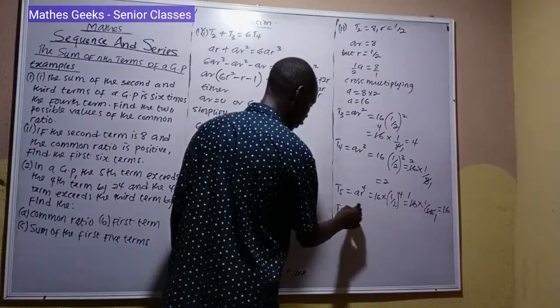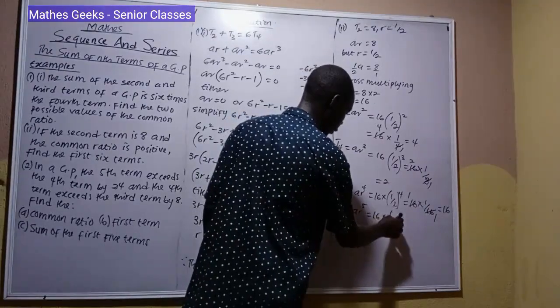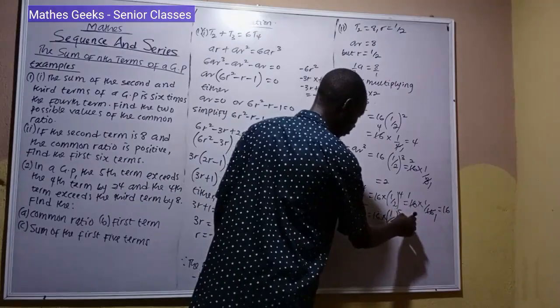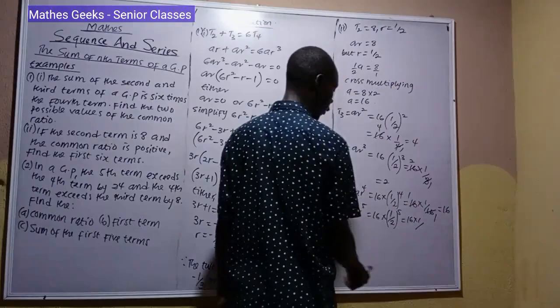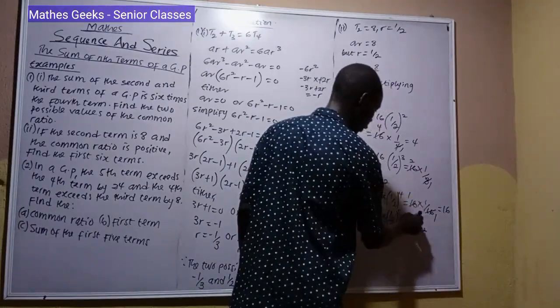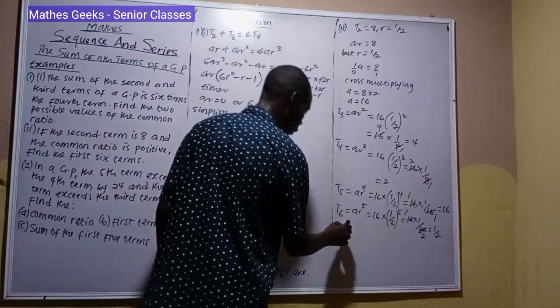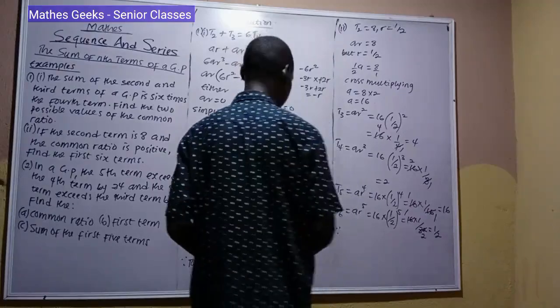C6 is equal to A r raised to power 5, 16 times 1 over 2 raised to power 5. 2 raised to power 5 is 32. 16 here 1, 16 here 2. That's 1 over 2. So therefore, what it says, find the first 6 terms.